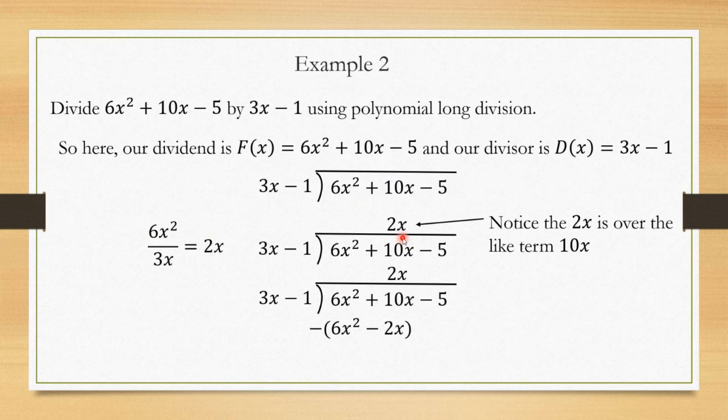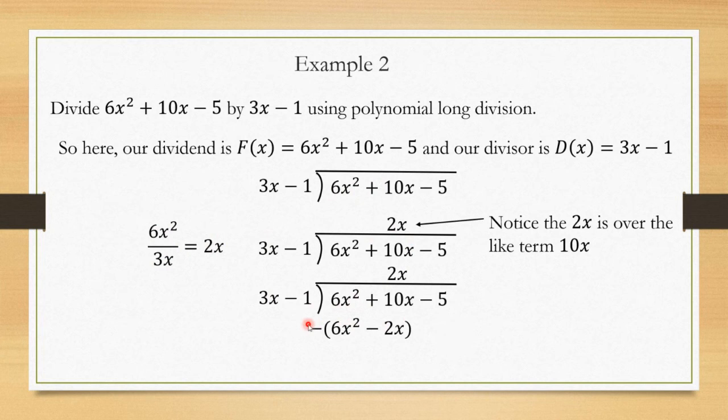And now we multiply and subtract the product. So we multiply 2x times 3x minus 1, and we subtract the product. We have 2x times 3x, that's 6x squared, minus 2x, as you can see.